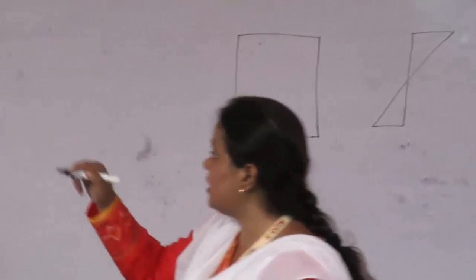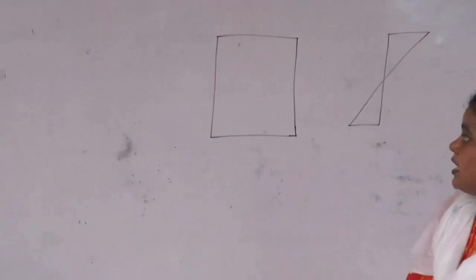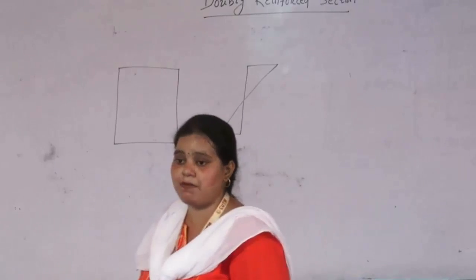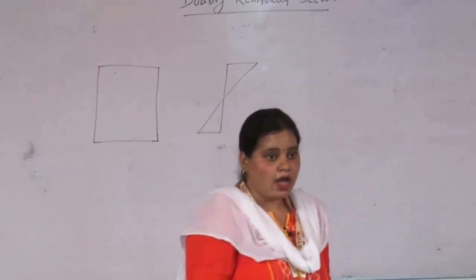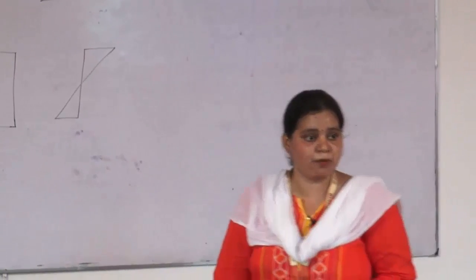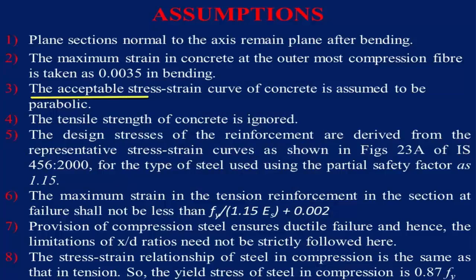Now second, the maximum strain in concrete at the outermost compression fiber is taken as 0.0035 in bending. All of you know that at the top compression fiber we take it as 0.0035. Then the acceptable stress-strain curve of concrete is assumed to be parabolic.